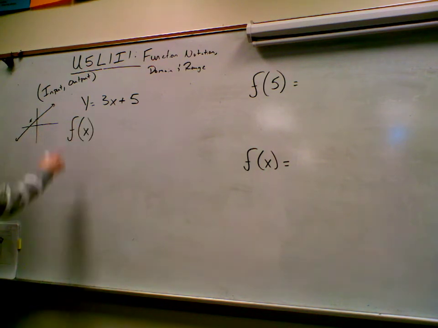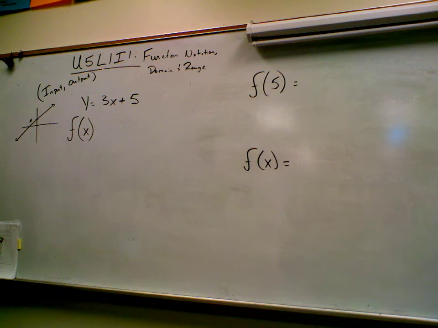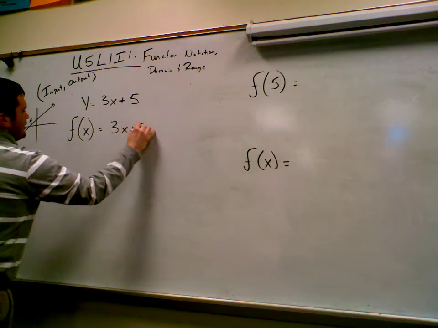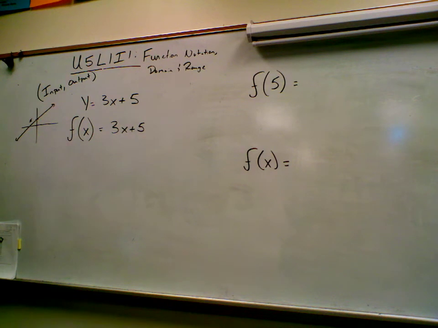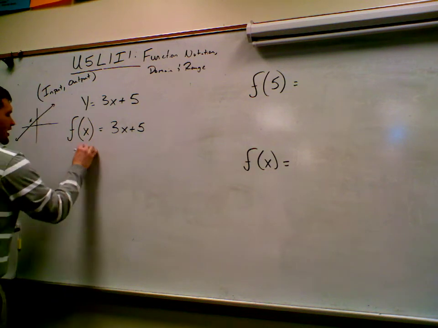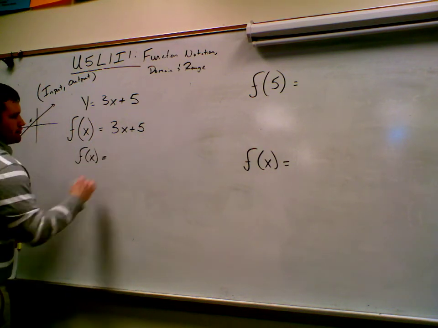So the way we would write this in function notation, we would write f of x, which means a function of x, equals 3x plus 5. And that is function notation. So all we're doing is switching this for that. So basically we're saying f of x equals what? Y.